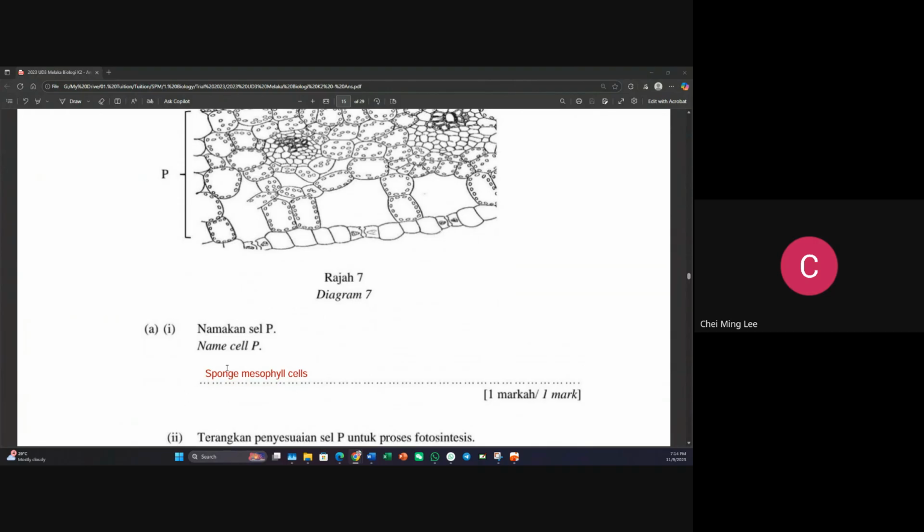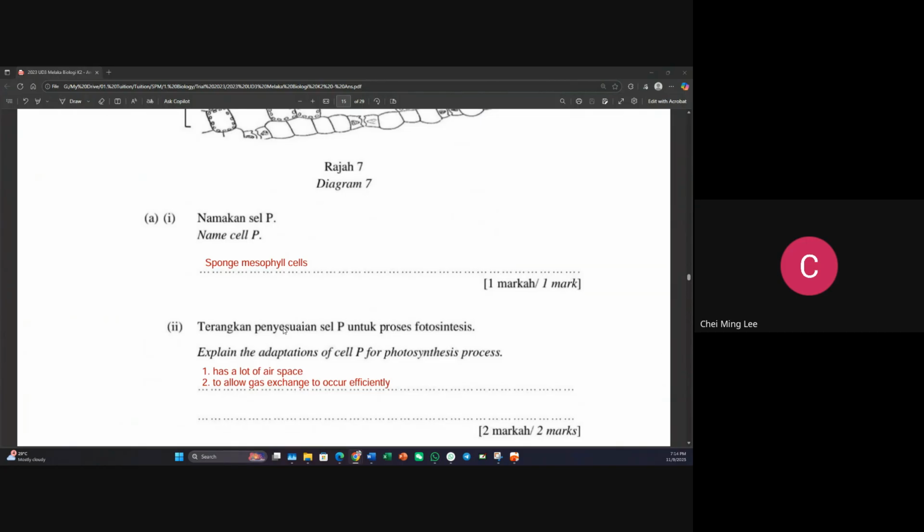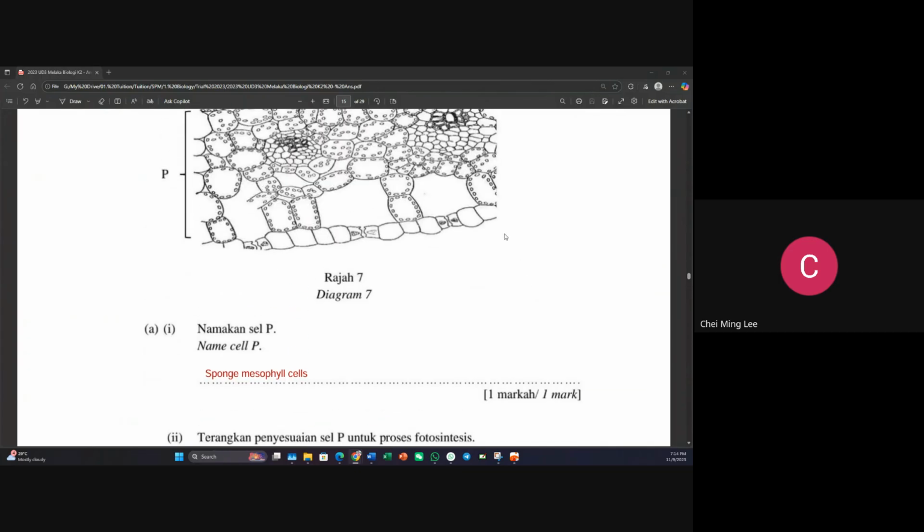Okay, explain the adaptation of cell P for the photosynthesis process. It has lots of air spaces so that it can allow gaseous exchange to occur efficiently, because this gap here will be the place where the air comes in and out, in and out.